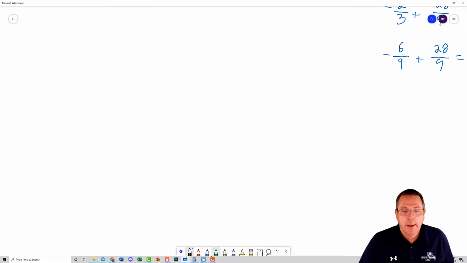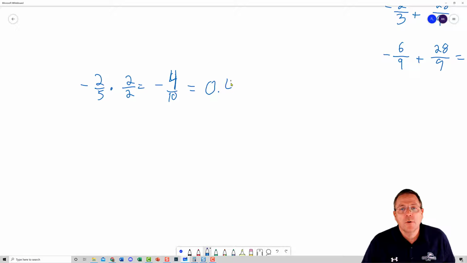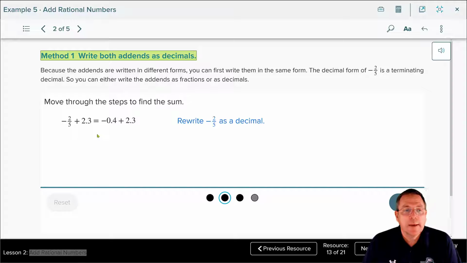I'm going to take -2/5. I'm going to multiply that times 2/2, and that's going to give me -4/10, and we would read that as -4/10, also known as -0 and 4/10, written as a decimal. That's how they got that decimal there.